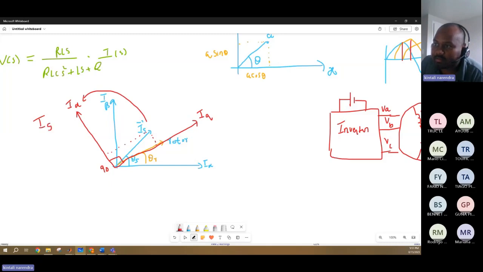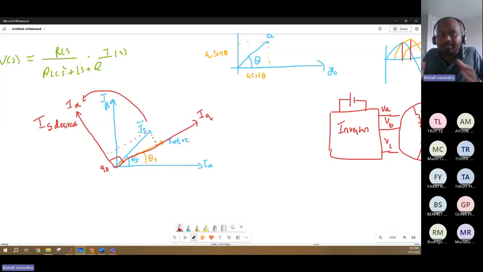IS desired will be here. I haven't developed my control system yet. I'm just saying if I could push my IS to ID, then the angle between the stator and rotor will be 90 degrees, which will give the maximum torque for the same motor which is built.